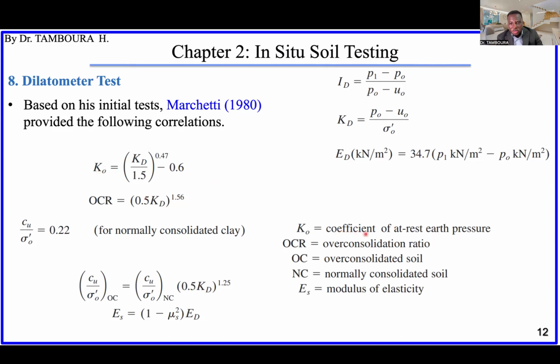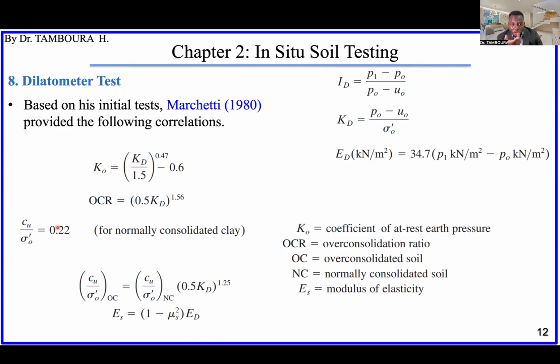K naught, this is the coefficient of earth at rest. And the overconsolidation ratio also can be obtained from this KD, same.